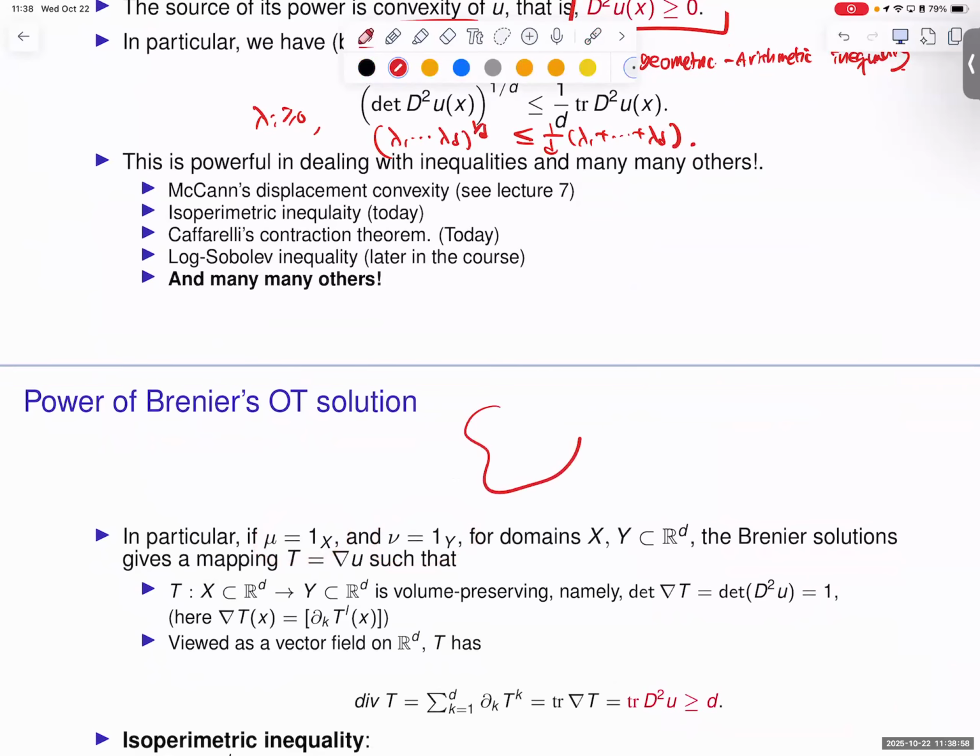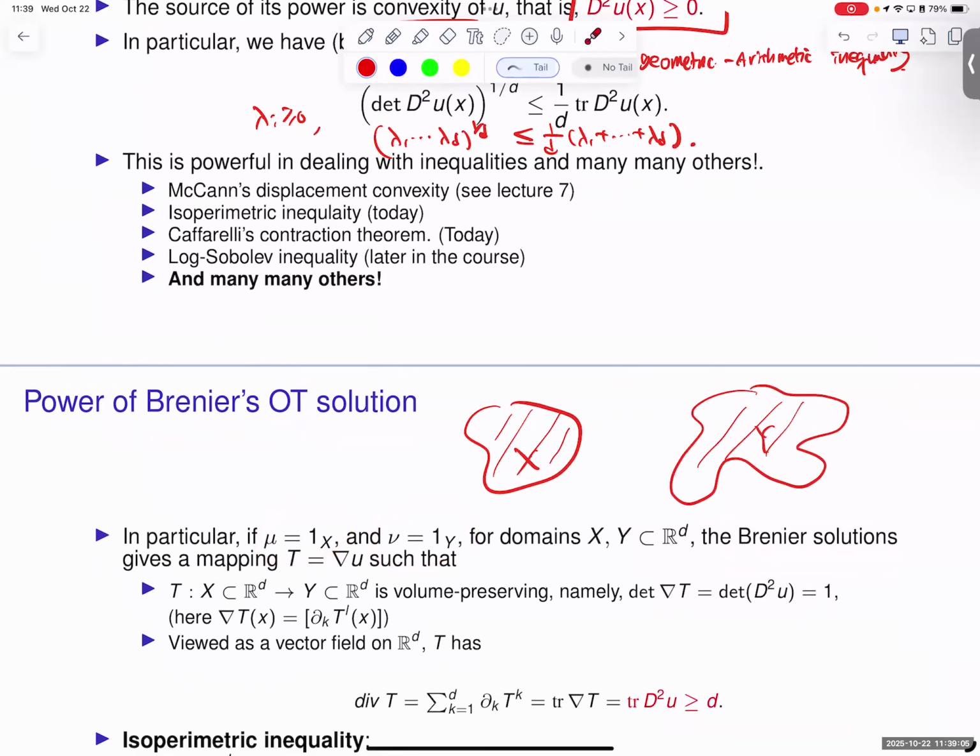So mu is a uniform measure on some domain X, and nu is a uniform measure on some other domain, let's say Y. We assume that they have the same volume, because that's the assumption for optimal transport. The norm of X means the volume, and the norm of Y is the volume.